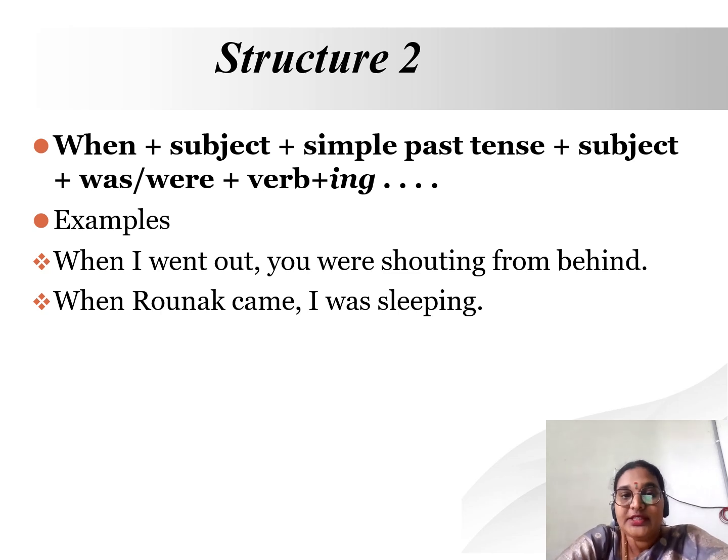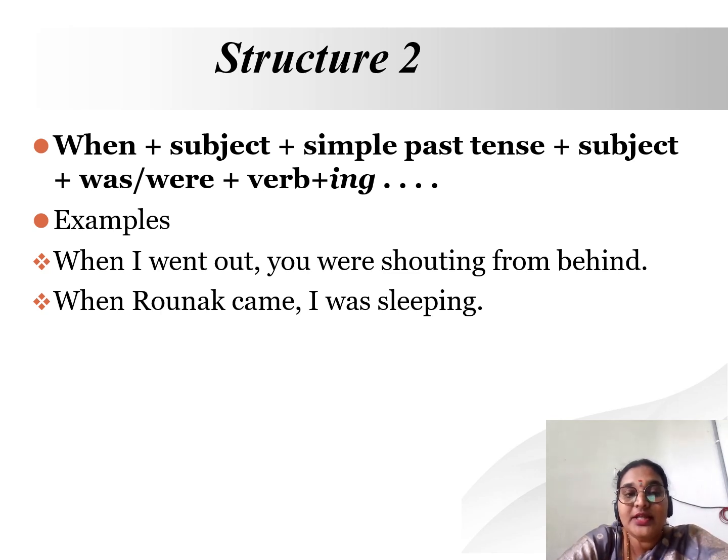If you can see structure 2, here we took the help of when or while, because if you want to express two actions in the past which were happening, you can express one in past progressive tense and one in the simple past tense.